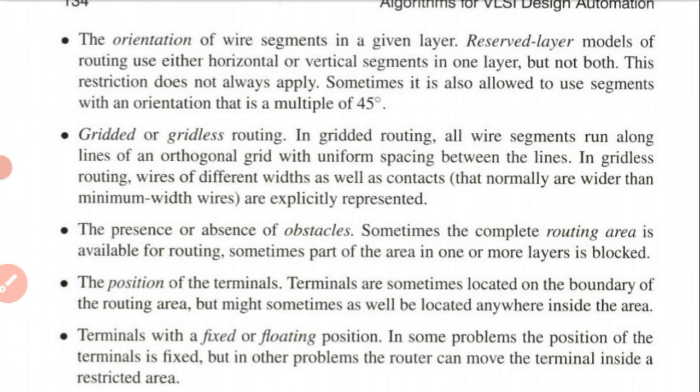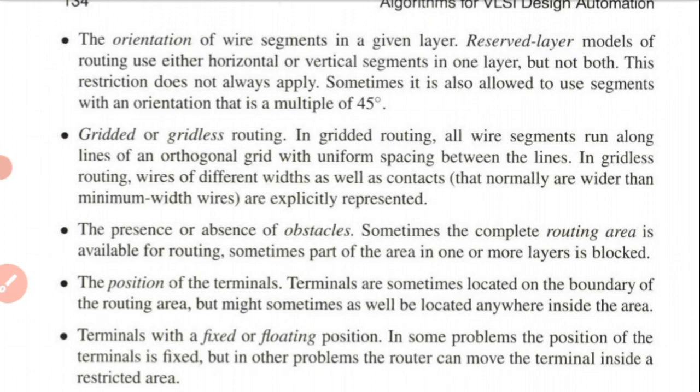Next one, the presence and absence of obstacles. In routing, sometimes there will be some obstacles and sometimes there will be no obstacles. What are obstacles in this case? We know that there will be various components inside. Suppose there is a resistor, capacitor and an inductor, just as an example.